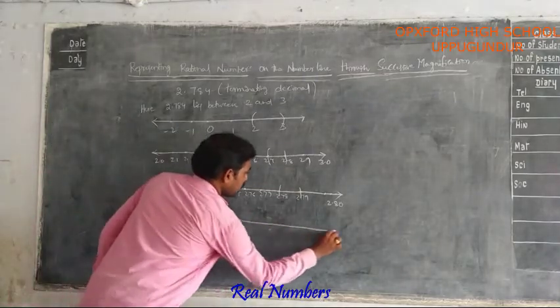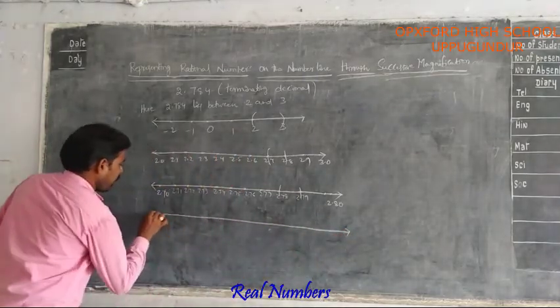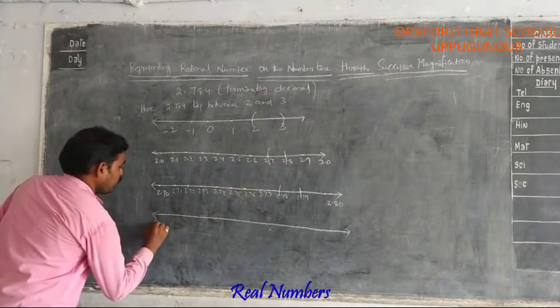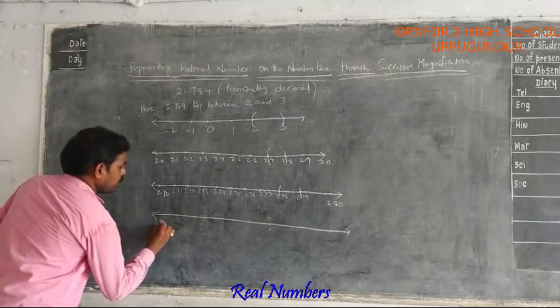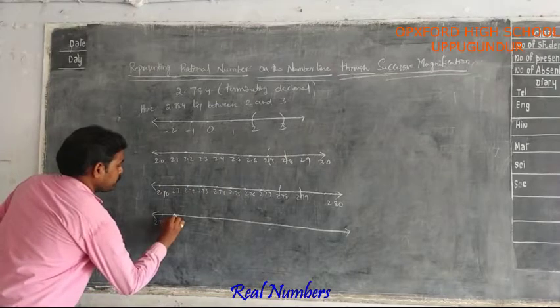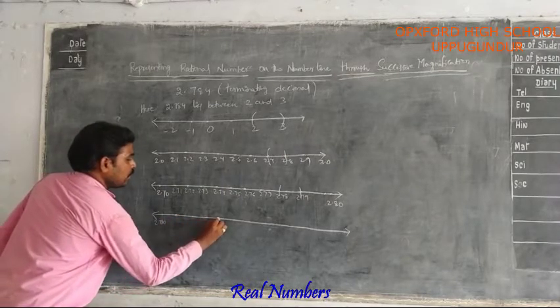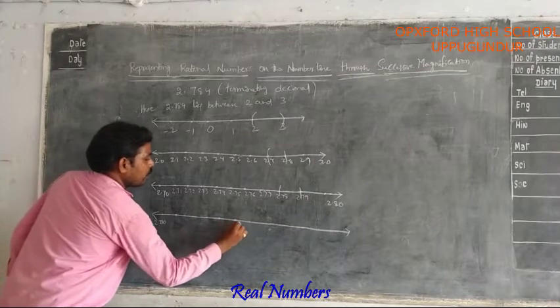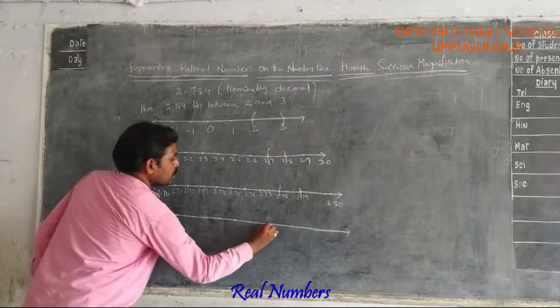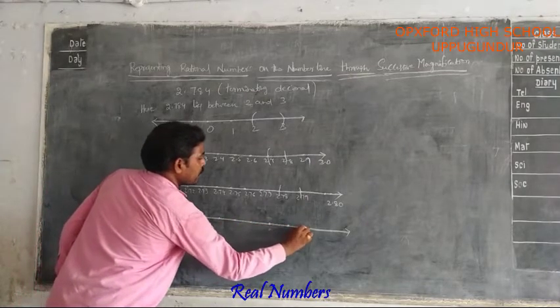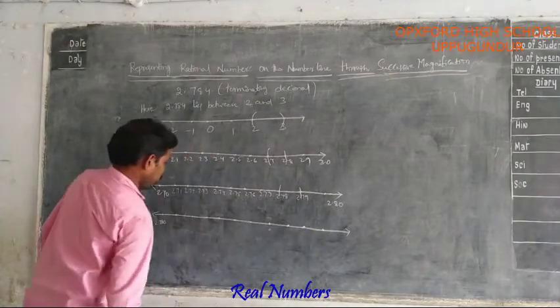So again you have to consider 2.780, then 1, 2, 3, 4, 5, 6, 7, 8, 9, 10.